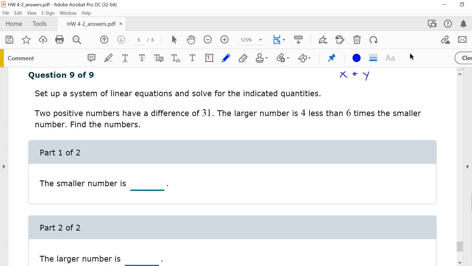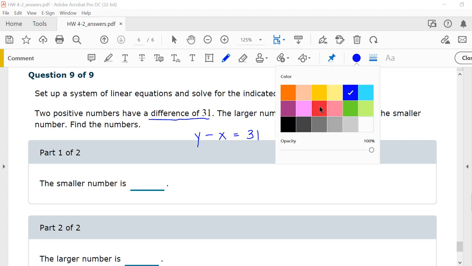Let's let y be the bigger number. Since the difference is a positive number, you need to do the big one minus the small one. Big minus small is 31.